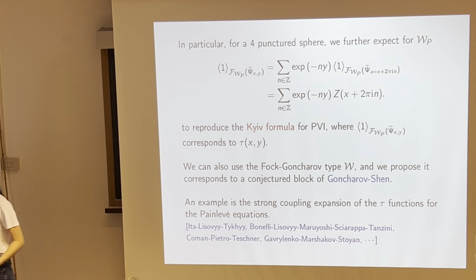But I think really the strong coupling expansion of the tau function is an example here, because in the work by Coman, Pomoni, and Teschner, for example, they talk about the explanation of the initial conditions there as the Fock-Goncharov coordinates corresponding to this kind of triangulations.